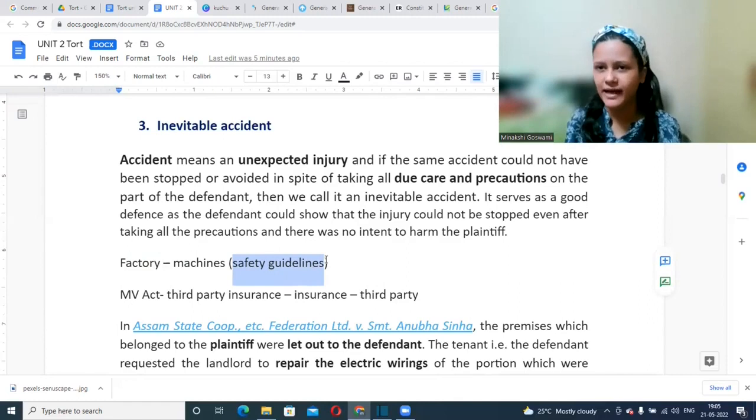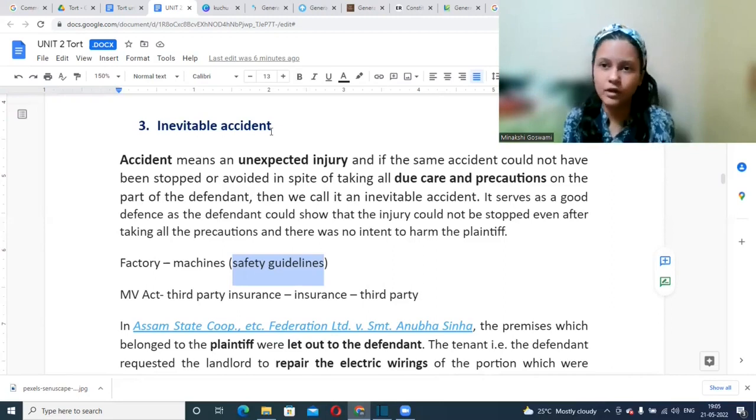But even after that, one day an accident took place because the machine suddenly stopped working. This is nothing but inevitable accident, because what you could have done, maintaining the machines properly, asking only skilled people to operate it, you have done everything.